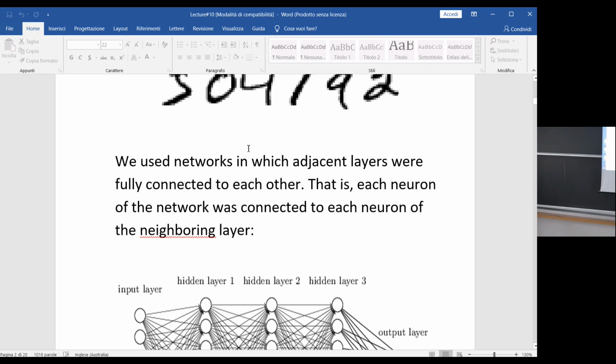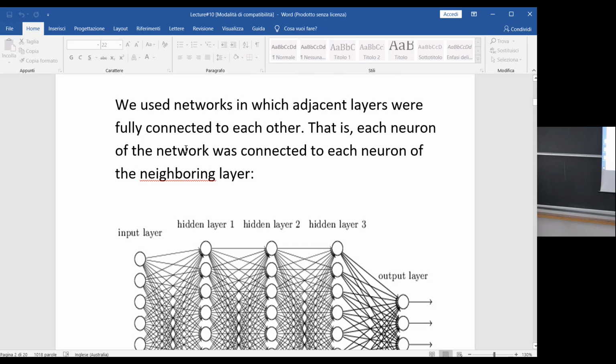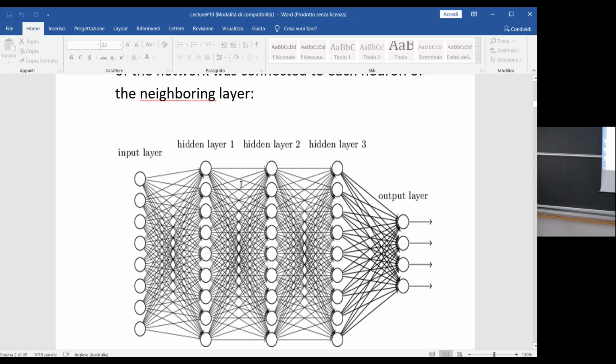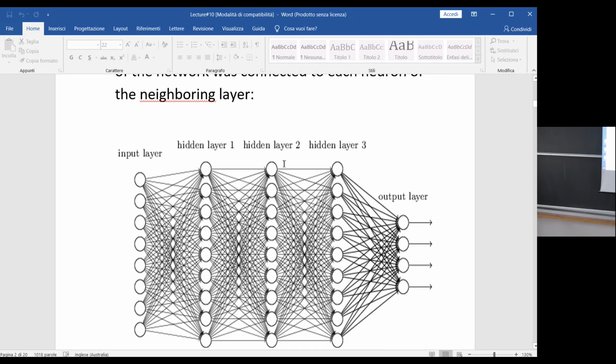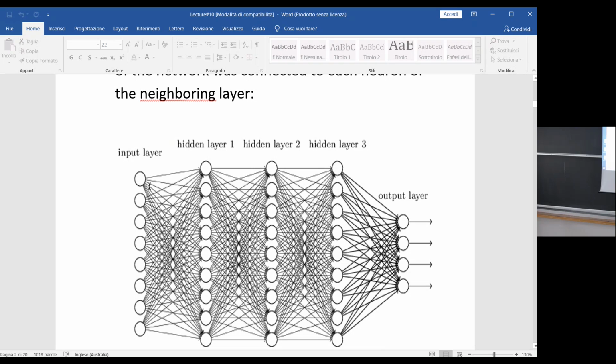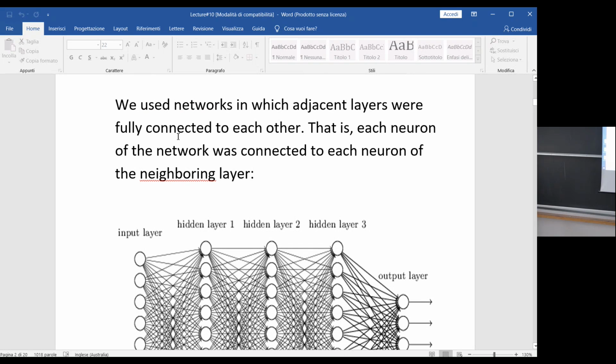And a very interesting thing is that up to now we have considered only the completely connected neural network. So any neuron is connected with all other neurons. Yes, so we have a complete connection scheme, fully connected to each other.